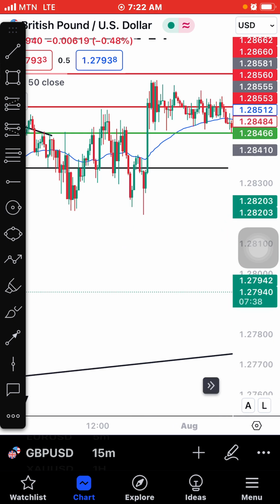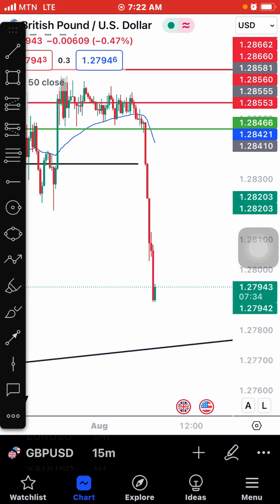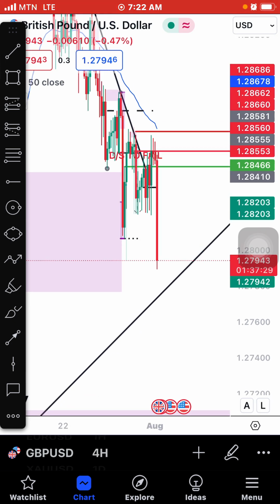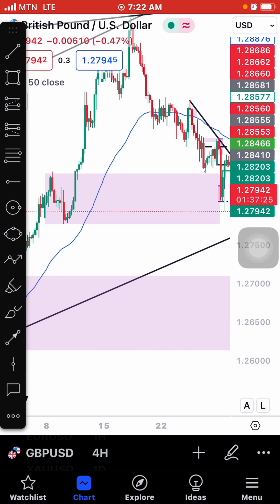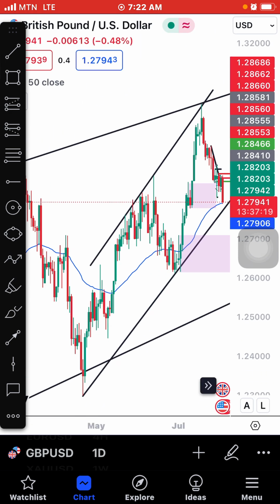The trade worked out perfectly, and as I'm expecting, price is just coming down. I know that it will get to this trend line and even break it. That's what I'm anticipating, that price may break that trend line and head to the demand area.